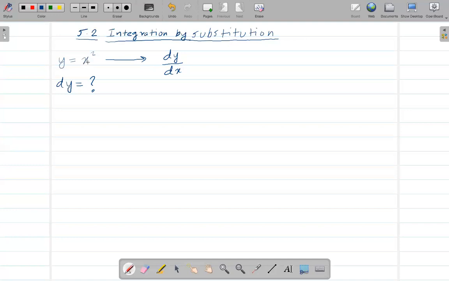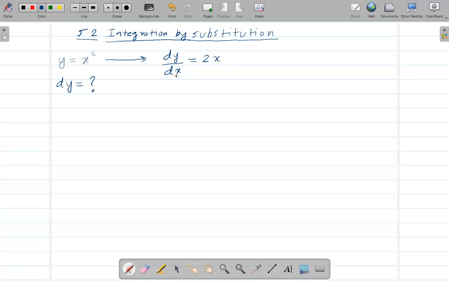So I'm taking the derivative of this function in terms of x. So if I take the derivative of this, it will be 2x to the power 2 minus 1, which would be just 1. So we can just say 2x.